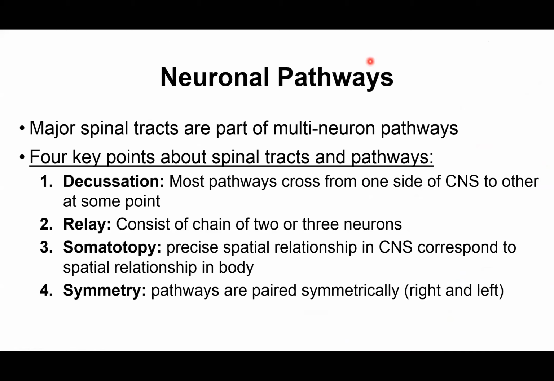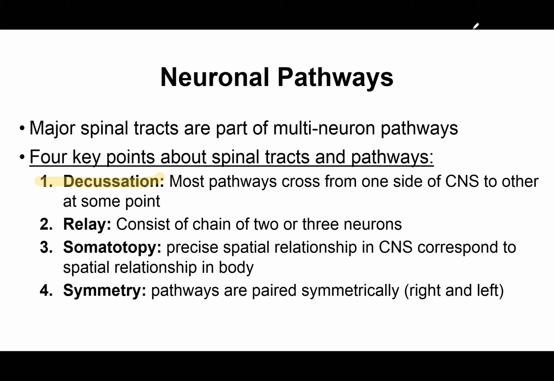These major spinal tracts are part of this multi-neuron pathway. There are 4 really important things to understand about the spinal tracts and pathways, outlined here. First and foremost is this idea of decussation. Basically, this means that at some point, most pathways are going to cross from one side of the central nervous system to the other.